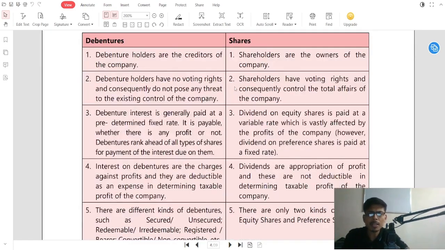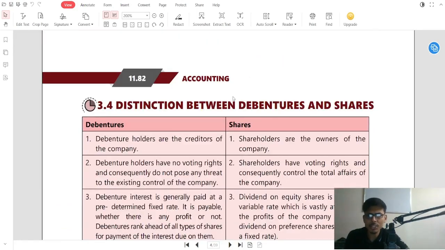Now let's understand a little bit the difference between debentures and shares. It's very easy, sir. The debenture holder is a creditor of the company, because we are taking a loan, so from whom we are taking a loan or any other money, they become my creditor. Okay guys, because it's a liability, so creditor. But shareholders are the owners of the company, it's a part of equity.